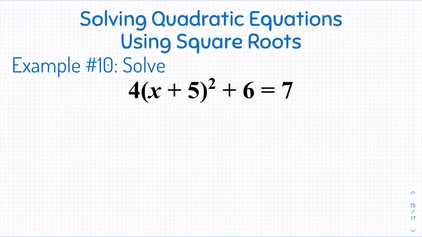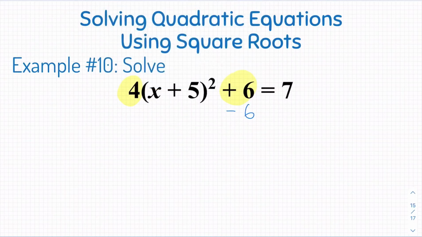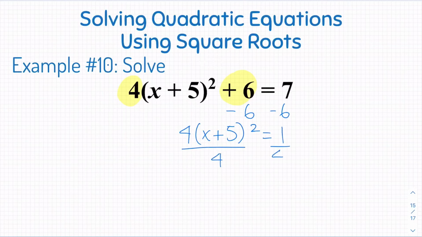Okay, so in this one, I have a constant and a coefficient. So I'm going to subtract 6 and divide by 4.